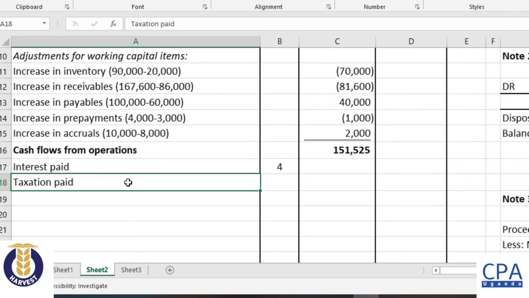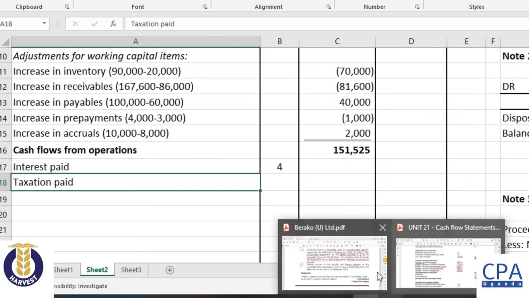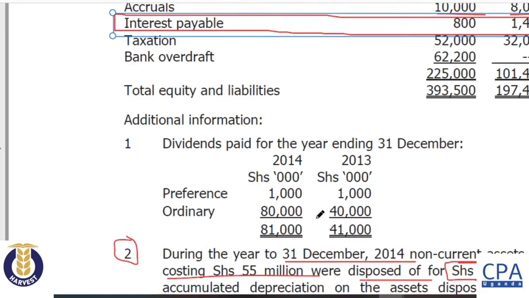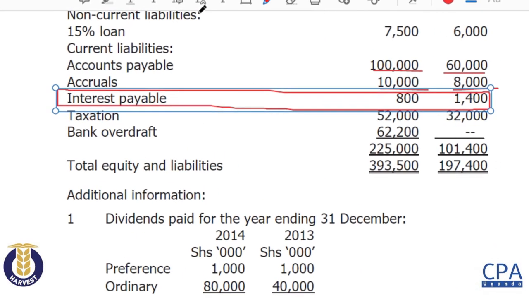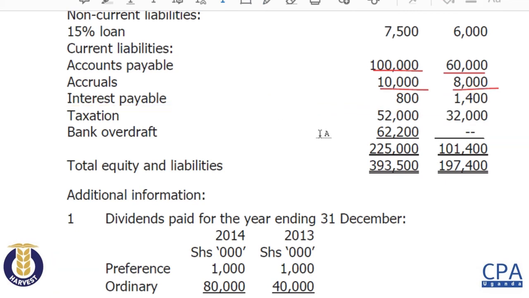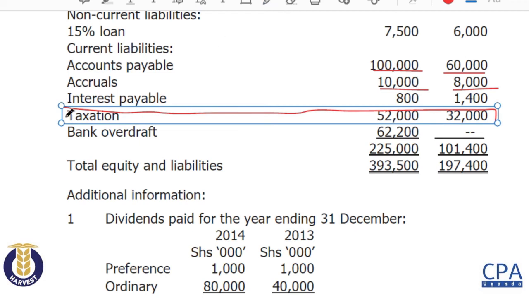Similarly, for taxation, I need to determine whether the taxes are maintained on accruals basis. However, I should mention that by its nature, taxation is paid in arrears, and you will have this item in the statements of financial position for most companies.